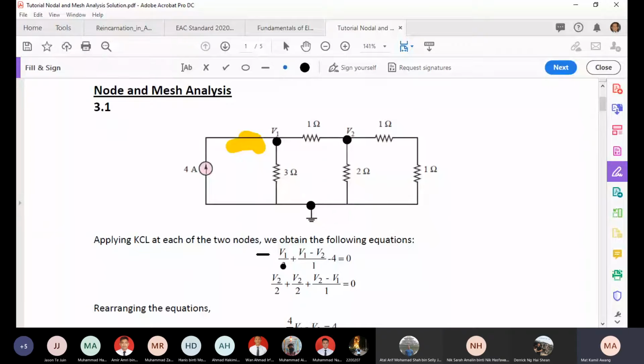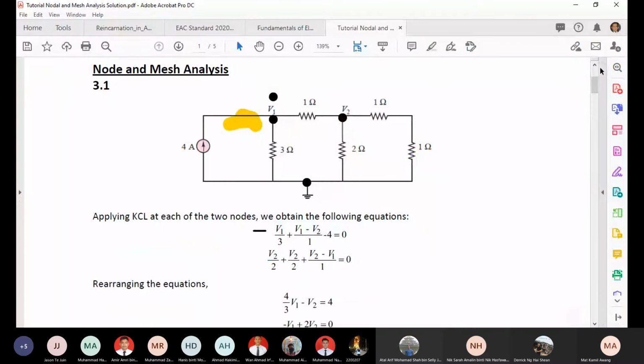The second one is V1 minus V2 divided by 1, because you have a current flowing from V1 to V2.